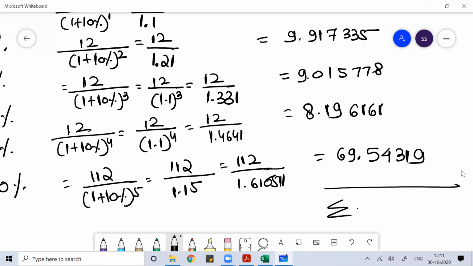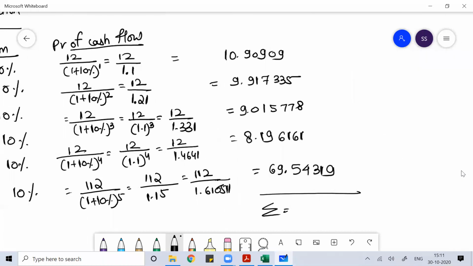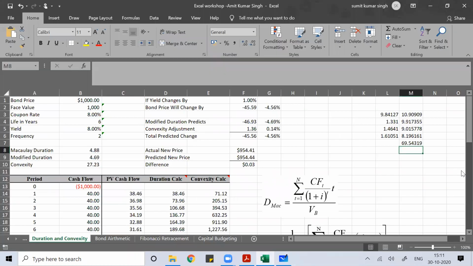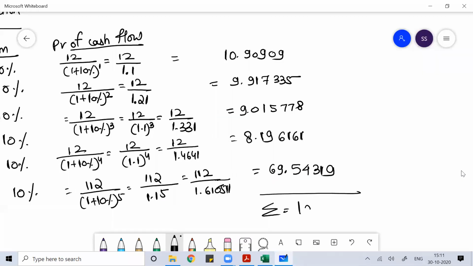Do the sum of all these cash flows. How much will you get? 107.5816. So you got the present value of cash flow.